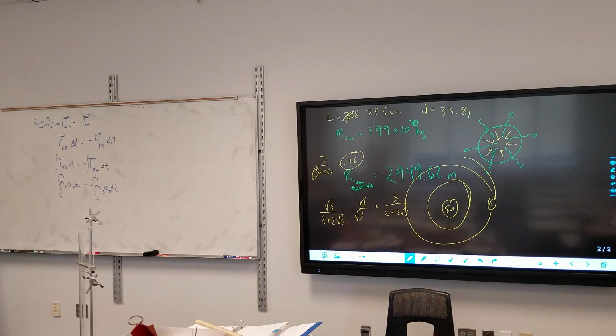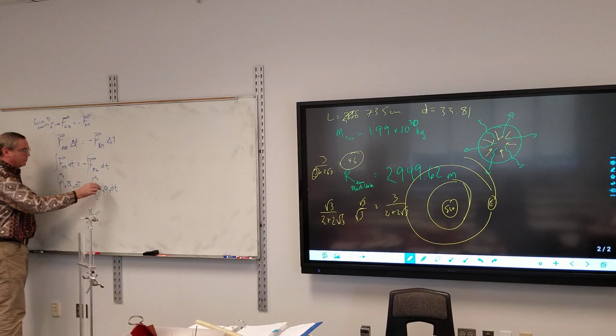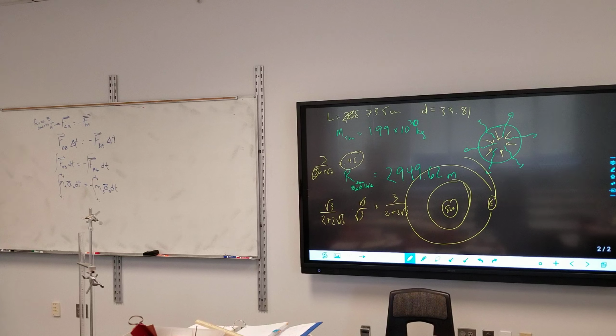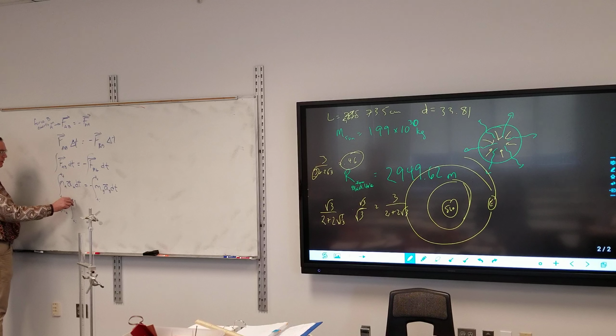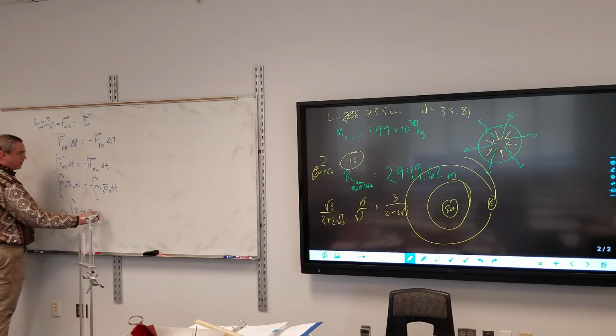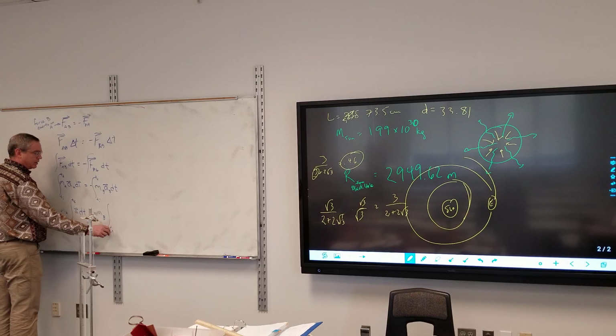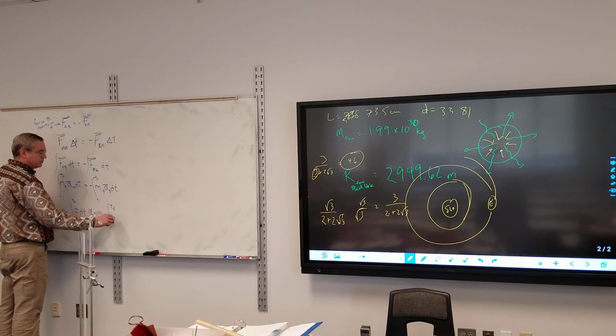They're in the same direction. I guess technically the accelerations are still vectors. Assuming for right now that the mass is not going to change, I can bring that out. So mass of A times the integral from some initial time to some final time of a dt is the negative mass of B times the integral from initial to final of the acceleration of B dt.